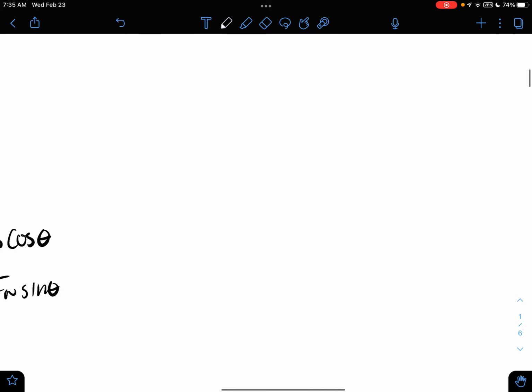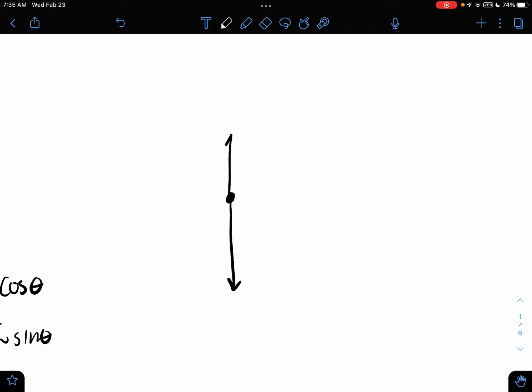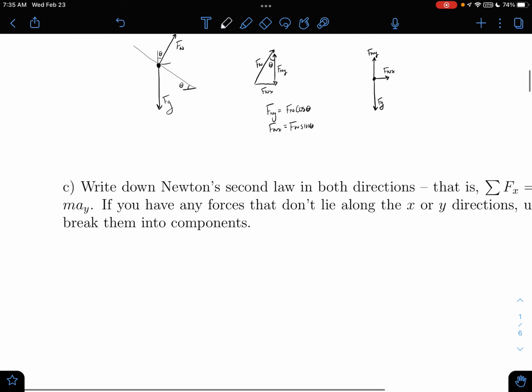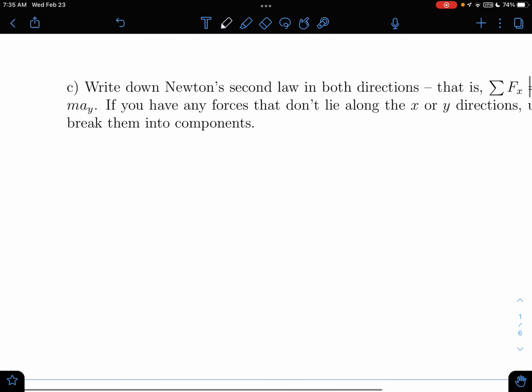So our new free body diagram, our new force diagram is, there's our gravity, there's our Fny, there's our Fnx. Cool. So now that we have it broken into components, we can just use that trig and set up our Newton's second law for both directions.